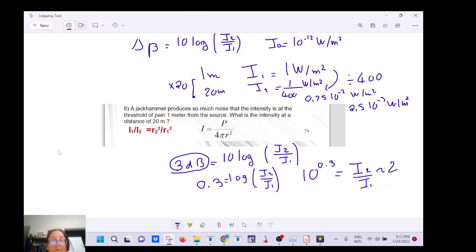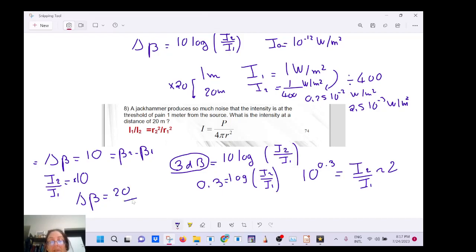Okay? If the change in decibel is a step of 10, that means that for B2 minus B1, the ratio of intensities is 10, so you multiply by 10. If the difference is 20, then I2 over I1 equals 100.